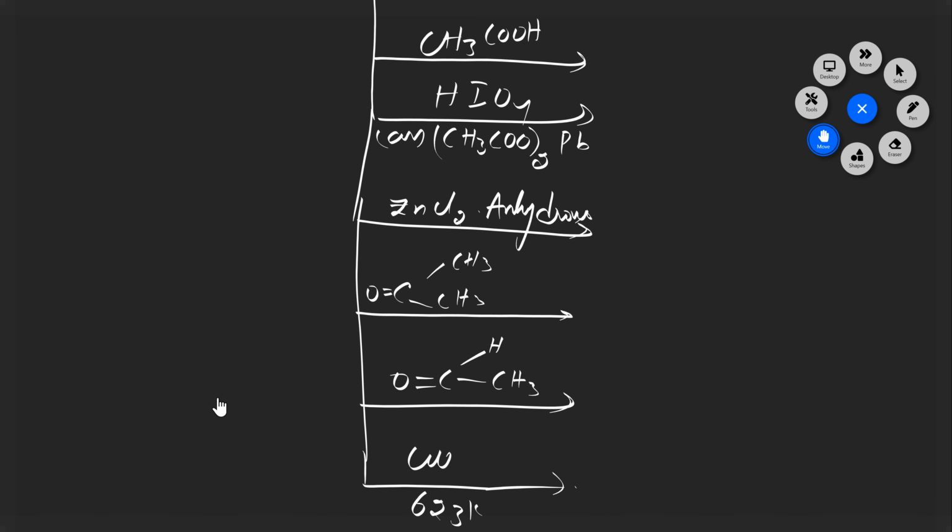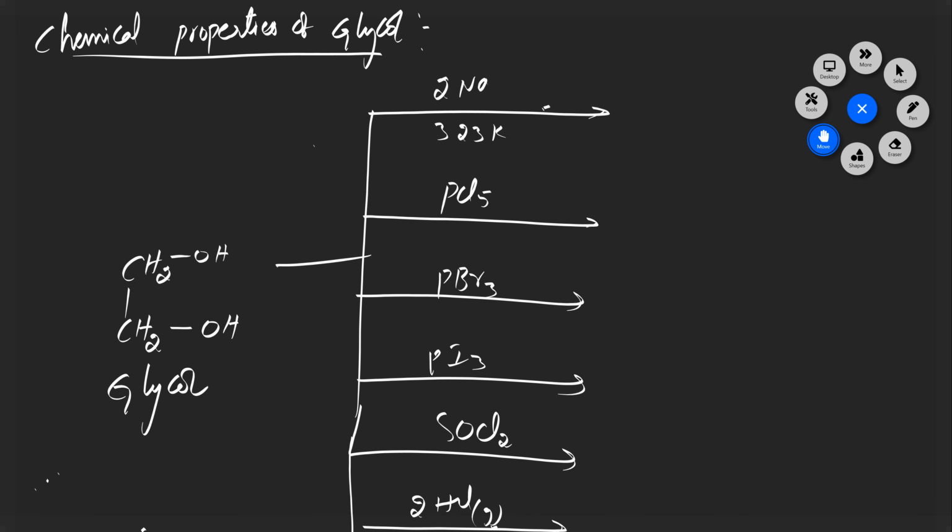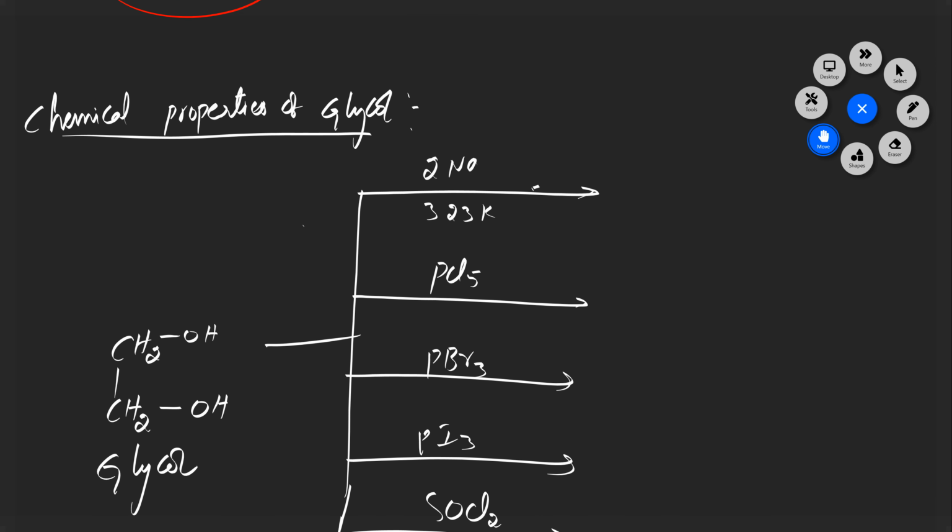We are saying one by one. First, it is going to react with the highly reactive metal sodium. Which element is going to be replaced by sodium in the glycol? It is going to replace the hydrogen. Why? Because hydrogen is less reactive than sodium. So hydrogen is replaced by sodium.